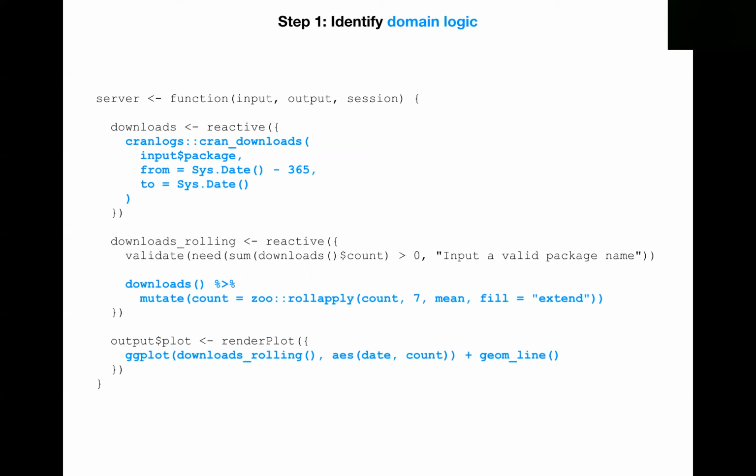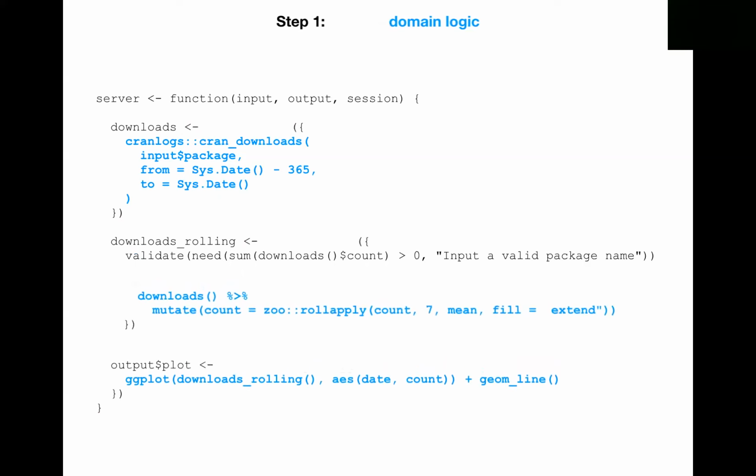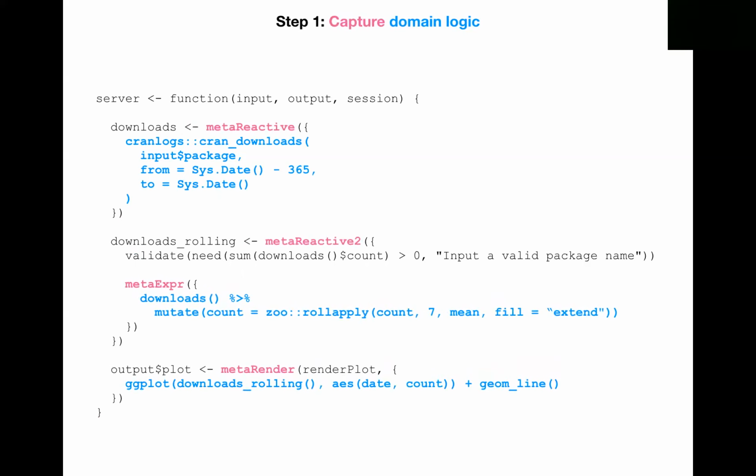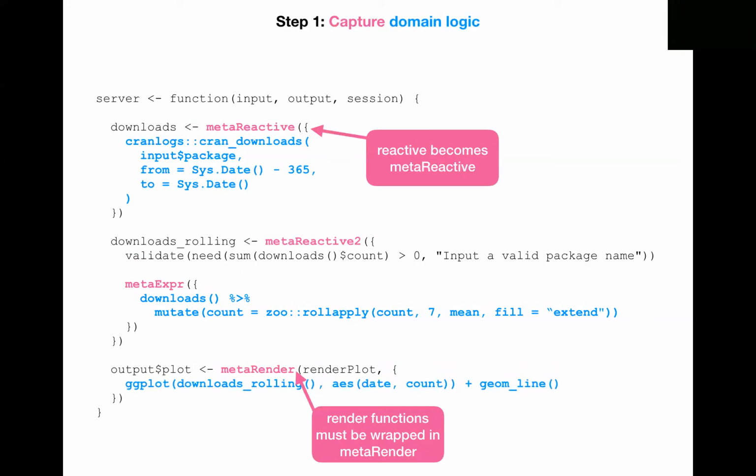So once we've identified this domain logic, the next step is to capture the domain logic. And we do that using what I call meta counterparts to Shiny's reactive building blocks. So notice that the downloads reactive has now become a meta reactive, and this is a function from the shinymeta package. Also, let's skip over downloads rolling for now, but if you look at this meta render part here at the bottom, notice that a render function like renderPlot must be wrapped in a metaRender.